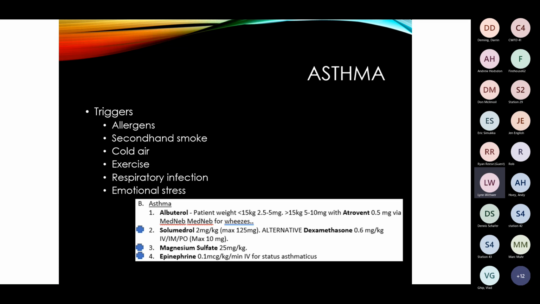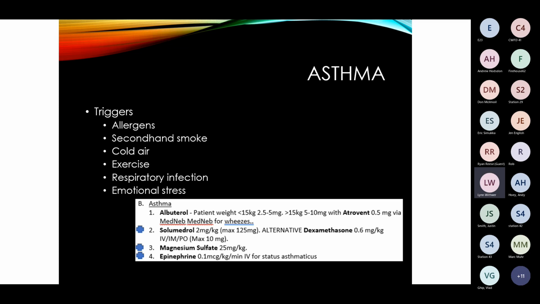Depending on the age of the child and the ability to cooperate, the child not only needs oxygen supplementation, but CPAP can be tried if the child is old enough, and you may have to do some assisted ventilations in the severe case.